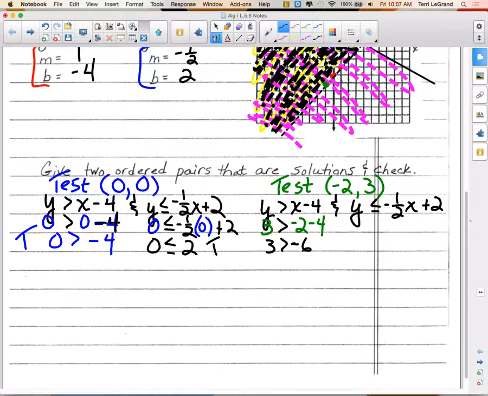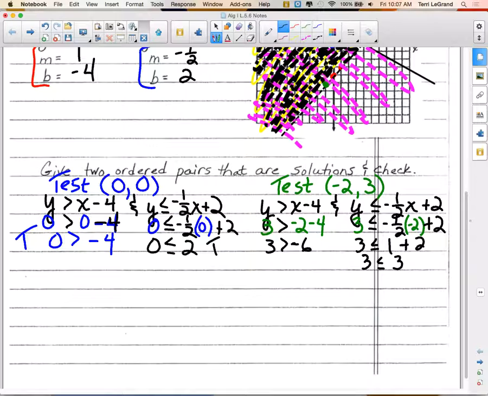Negative 6. Okay, the first one I end up with 3 is greater than negative 6.